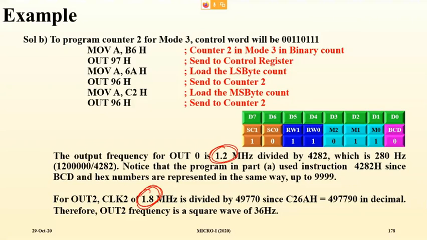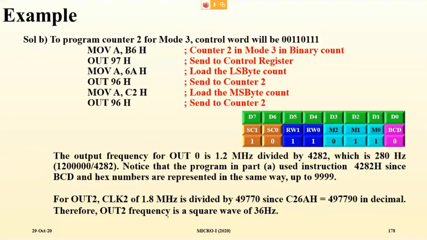So 1.2 megahertz should be divided by the number loaded in the previous first example. It will give you 280 hertz. Divided by the count will give you how much time it is going to remain high and how much time it is going to remain low. Done.